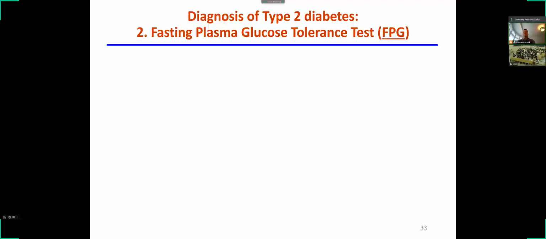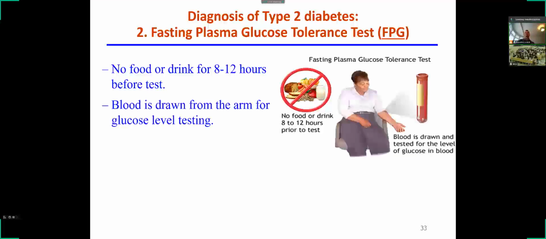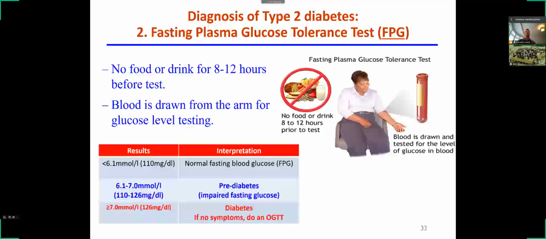The second one is the fasting plasma glucose test, or FPG. It just depends on the doctor which one is used, to be honest with you, but it is often the more common one. The patient is asked not to take in food or drink for 8 to 12 hours before the test, and blood is drawn from the arm for glucose level testing.